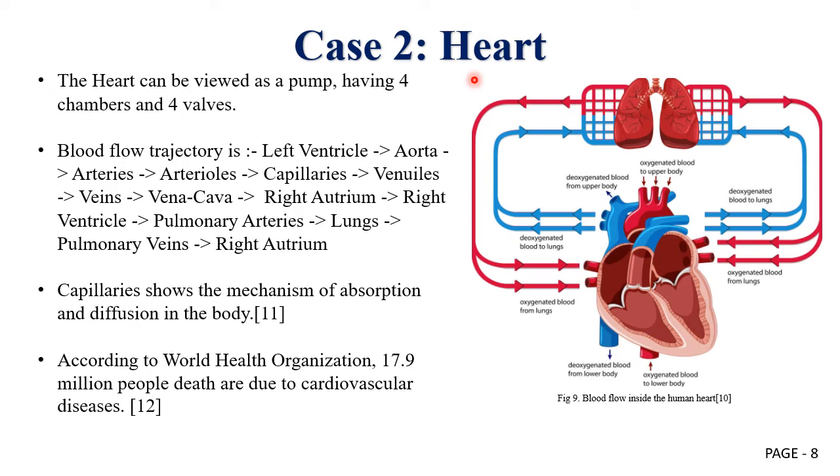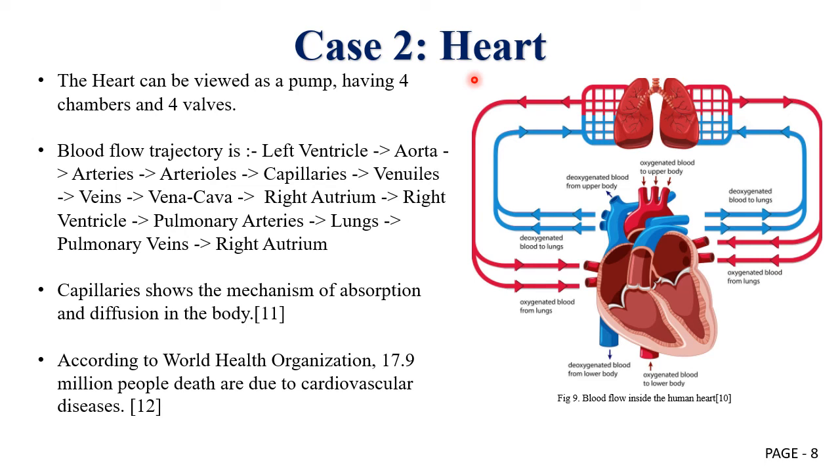Now, the heart, from an engineering point of view, can be viewed as a masterpiece because it is a pump which is having four separate compartments, and it is designed in such a manner that the mixing of the oxygenated blood with the deoxygenated blood does not occur, and also the presence of tricuspid and bicuspid valves so that the backflow of blood does not occur.